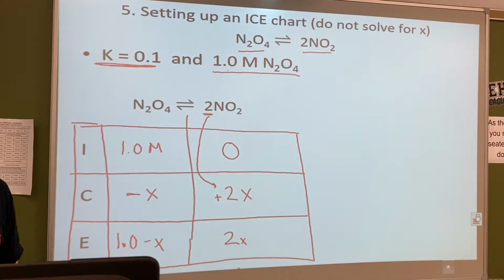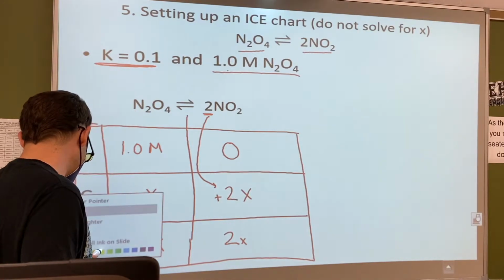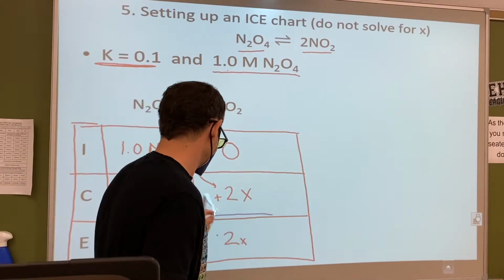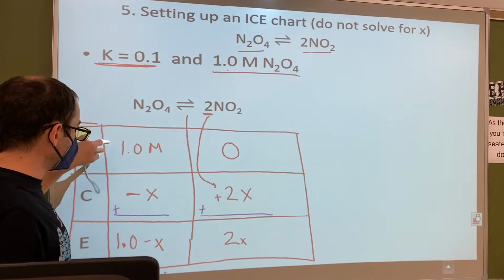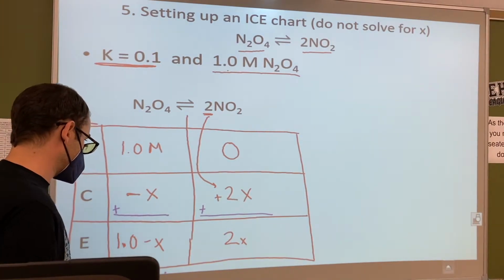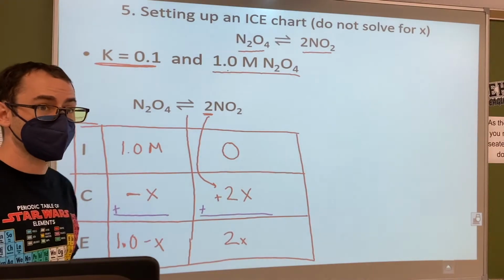And that's filling out your ICE chart. You can think of this as adding them together. So 0 plus 2X gives us 2X. 1.0 molar minus X gives us 1.0 minus X, because we don't know what X is, right? Okay, any questions with that part of the ICE chart?